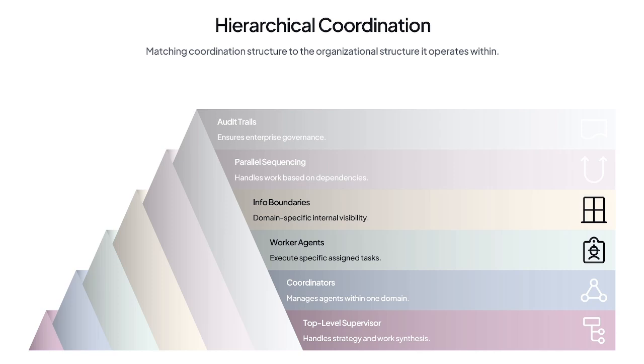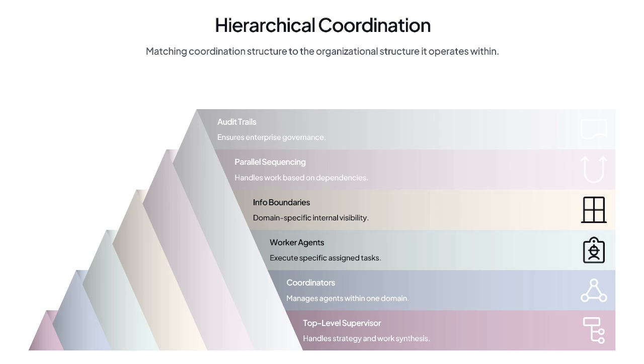This allows matching the coordination structure to the organization structure, as it operates within a real-life organization. So this mirrors enterprise structure: you have a supervisor agent that will supervise all the workflow, departmental coordinator agents that will coordinate each department, and worker agents that will receive work and perform tasks.